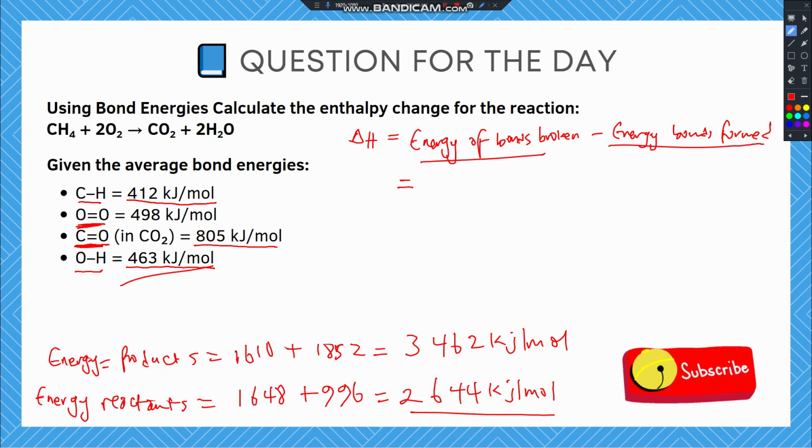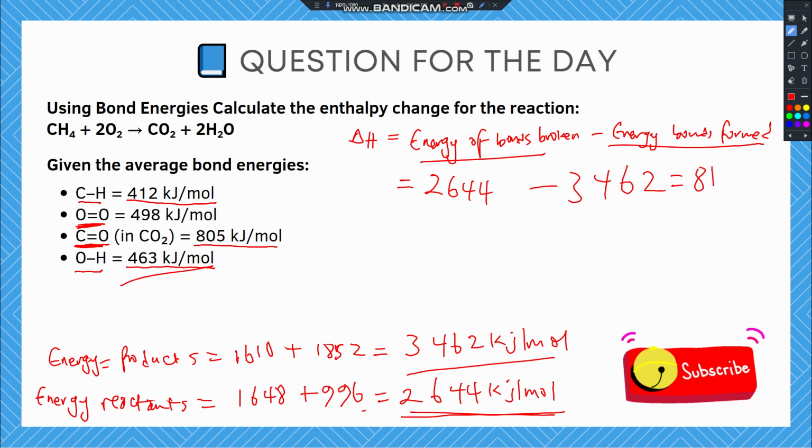So this is equal to the reactants, which we've calculated as 2644, minus the products, which is 3462. 2644 minus 3462 gives us minus 818 kilojoules per mole. So the enthalpy change for this reaction is minus 818 kilojoules per mole.